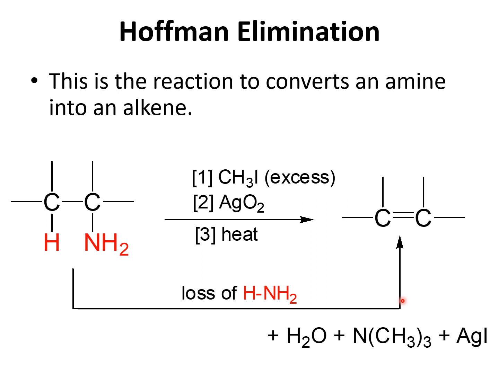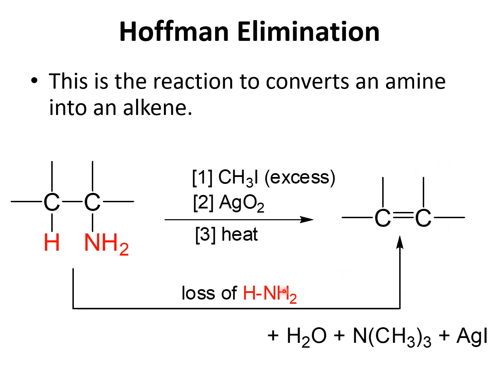First things first, you have to remember the reagents we use in this reaction. For Hofmann elimination, we have methyl iodide in excess, and then silver oxide, Ag2O, and a little heat we give to the reaction. That means we will lose NH3 ammonia here, NH2 and hydrogen on the adjacent carbon, and it will lead to the formation of alkene.